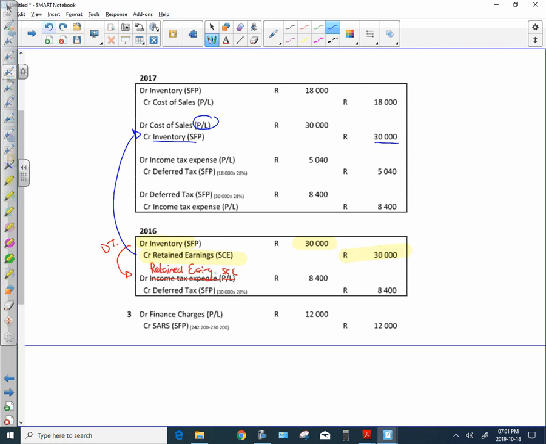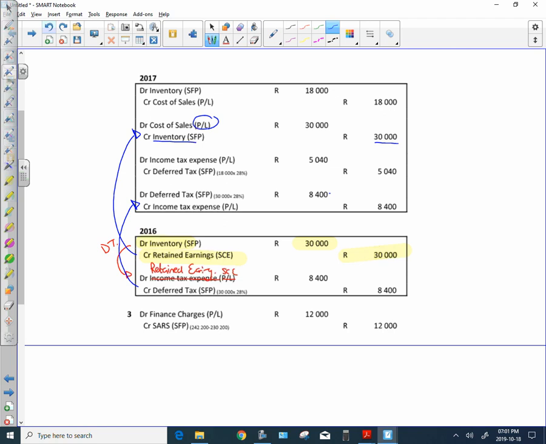And then with that goes the reversal of my deferred tax. Debit deferred tax 8,400, credit income tax expense 8,400. Right, so that's just dealing with the inventory that has now been sold.